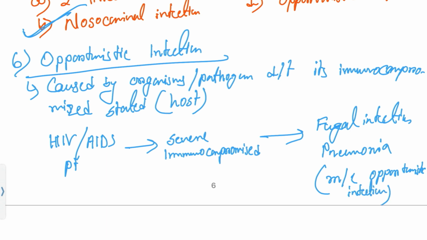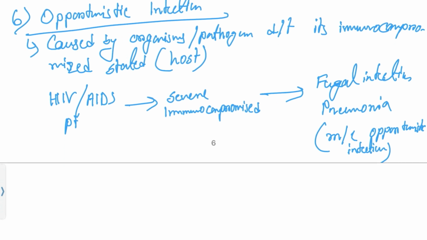Questions come like this: most common opportunistic infection of HIV/AIDS patients? Your answer will be pneumonia. Why? Because pneumonia and fungal infections arise in such patients as they are severely immunocompromised. If they are severely immunocompromised, microorganisms can easily attack their body because their defense mechanism decreases due to the severe immunocompromised state.